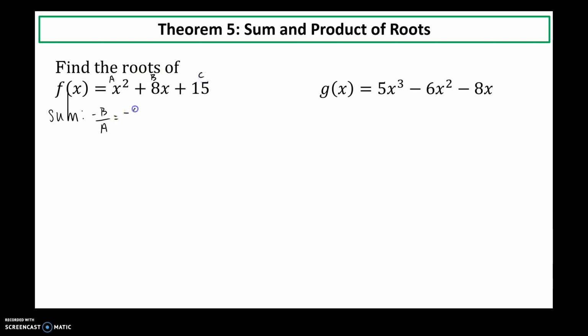The sum should be negative 8 divided by 1, so the sum of the roots better be negative 8. When I factor f of x, factors of 15 that add to 8, I get x equals negative 5 and x equals negative 3. When I add those two together, negative 5 plus negative 3, I do in fact get negative 8 as an answer.